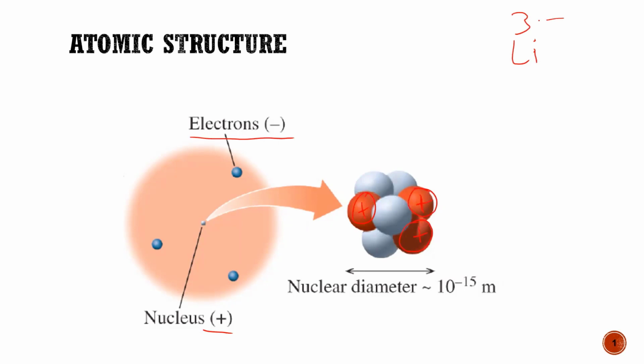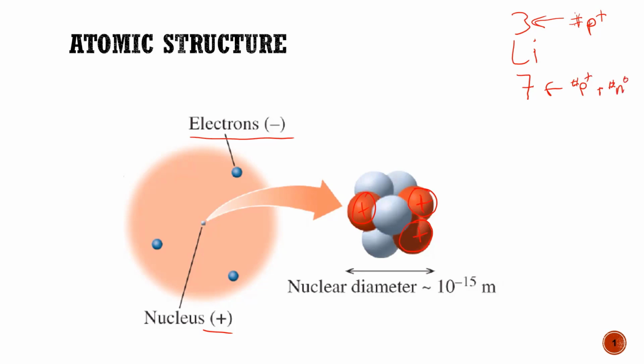So this number represents the number of protons, and I'm going to write number of protons as number of P positive. That's a symbol for protons. And there's usually another number, and in this case, we'll put a 7. This number is the number of protons plus the number of neutrons.